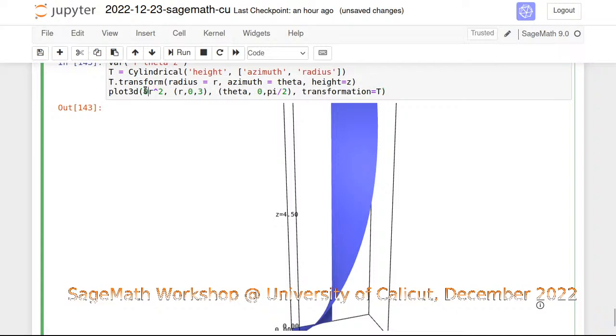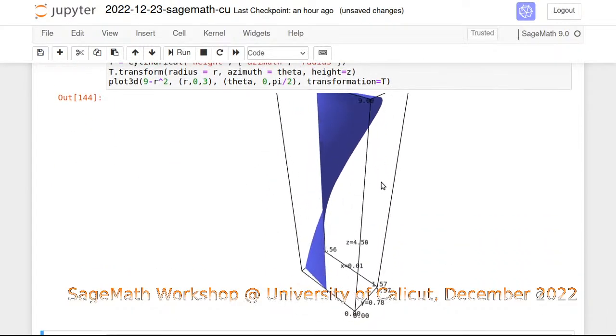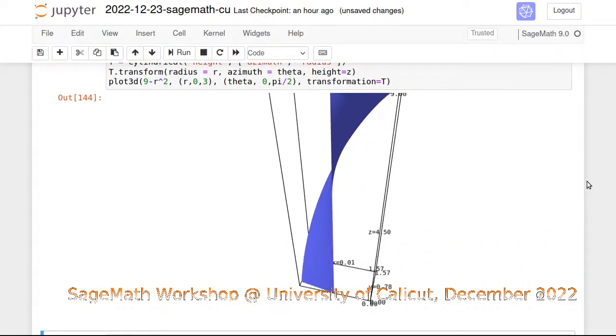Okay, take documentation example. Now, if we take the function to be a constant, what will happen?